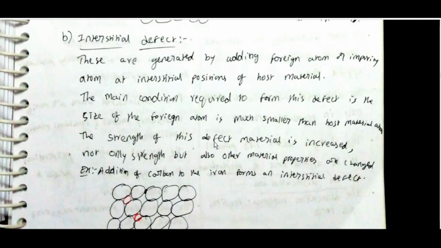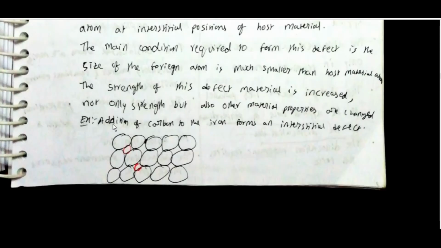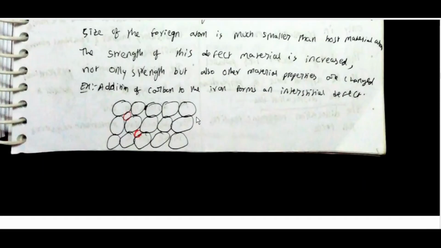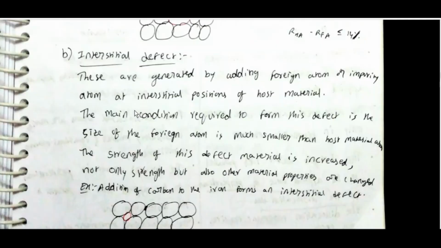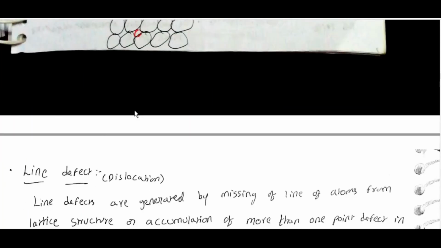The strength of this defect is increased, and not only strength but also other material properties are changed. Example: addition of carbon to iron forms an interstitial defect. The carbon will be in the interstitial position.